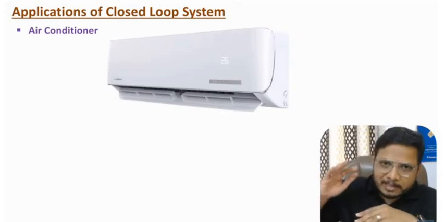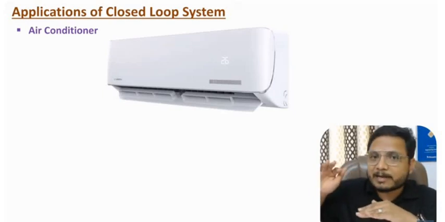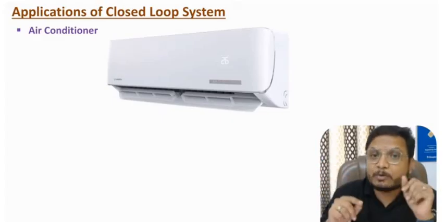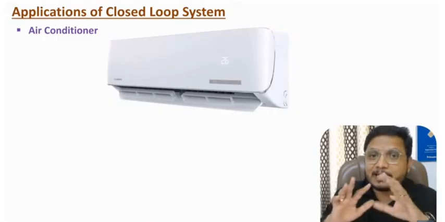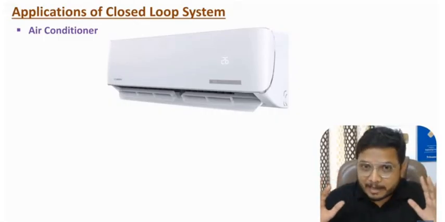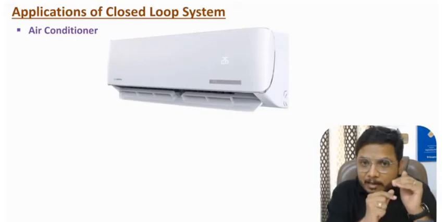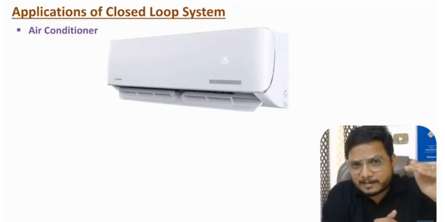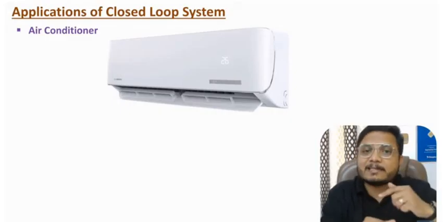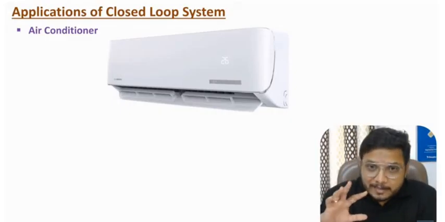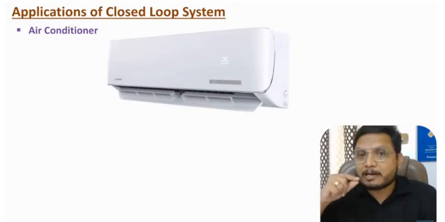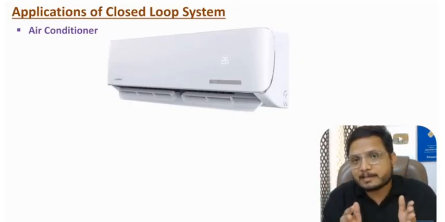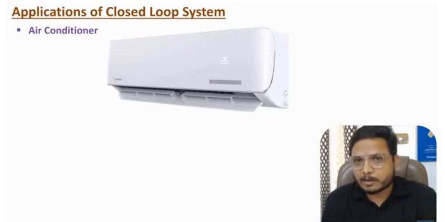So the AC will be on and it will try to cool your room. Once the room temperature reaches 26 degrees Celsius, then the AC gets turned off automatically. And if the temperature increases slightly above 26 degrees Celsius, then again the AC gets turned on. So the AC is getting turned on and off automatically, and it is maintaining a 26 degrees Celsius temperature inside your room.